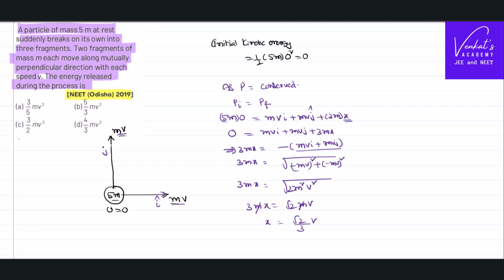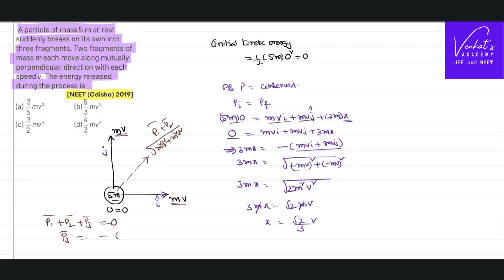Let's worry about the direction, though it's not relevant to the problem, just for a second. This mv and this mv are perpendicular. The resultant will be somewhere in between these two, root of m square v square plus m square v square, the resultant momentum, that is p1 bar plus p2 bar. As the total sum equals 0, p1 bar plus p2 bar plus p3 bar equals 0, because initial momentum equals 0.